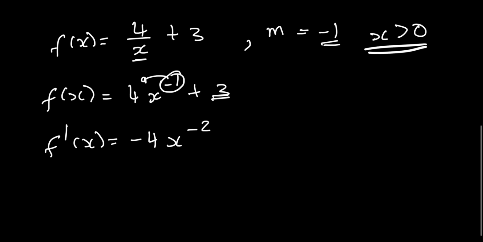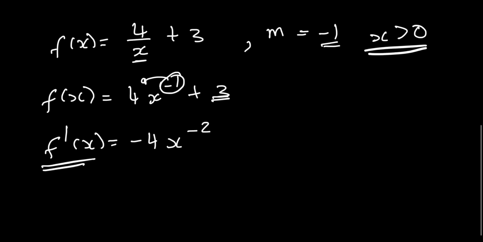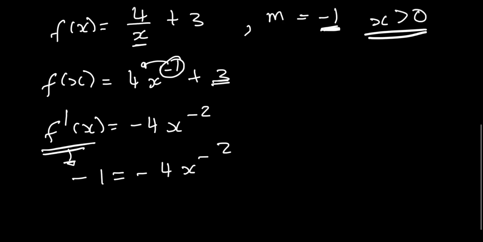So now that we have this, we know that the gradient should be -1 as it is given in the question. So we substitute the gradient as -1, and then we solve for the coordinate: -4 multiplied by x to the power of -2.